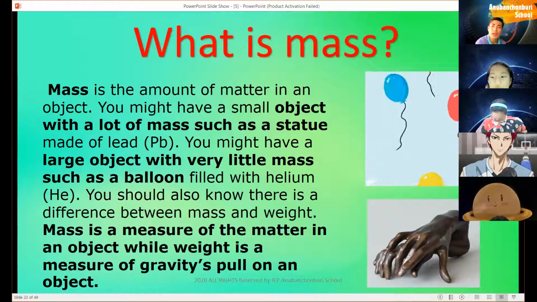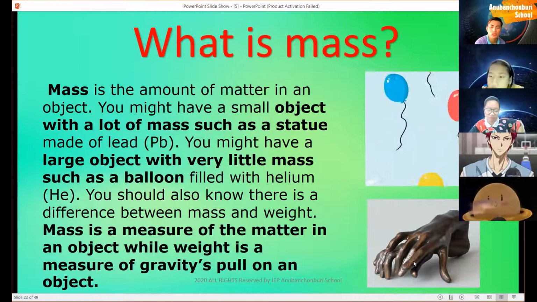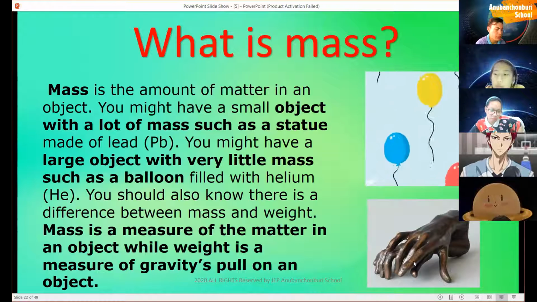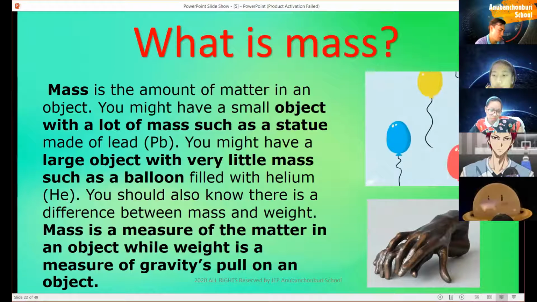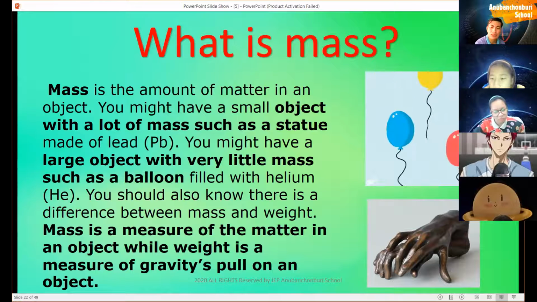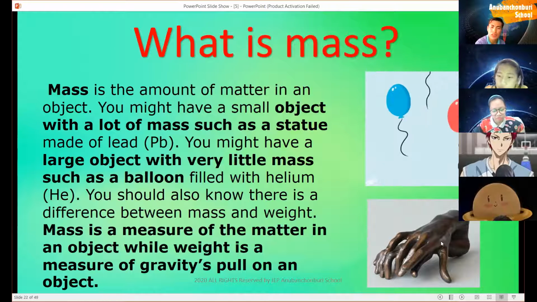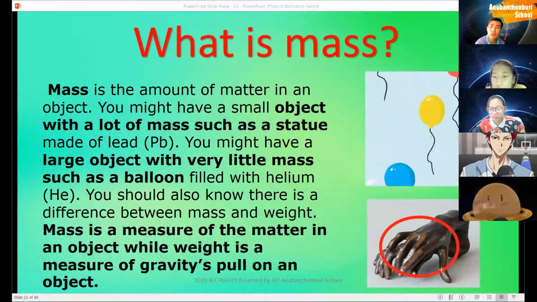Which one has a greater mass, the balloon or the statue? The balloon is bigger. This is a very big balloon, but the statue in the picture is a very small statue.